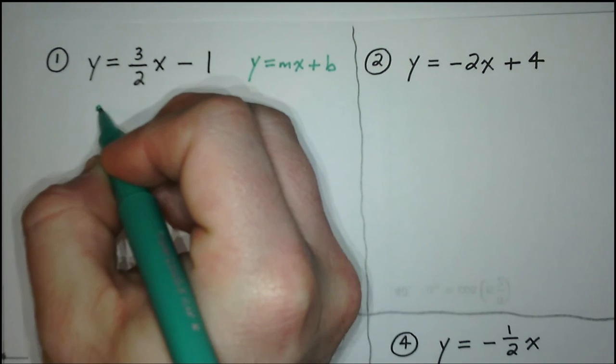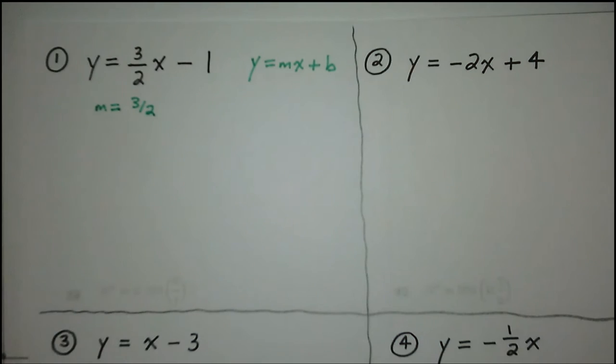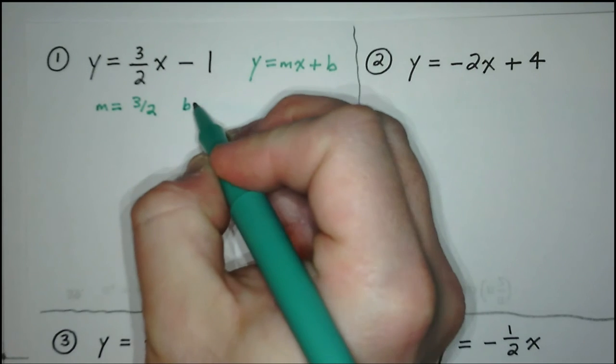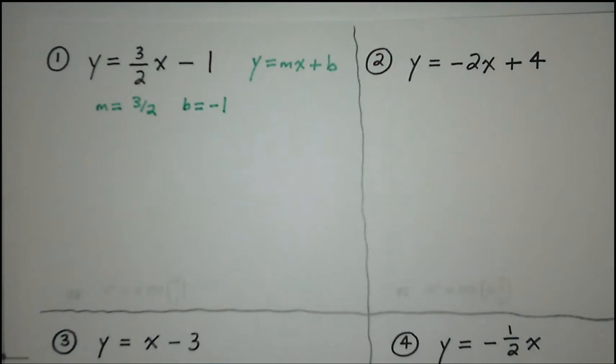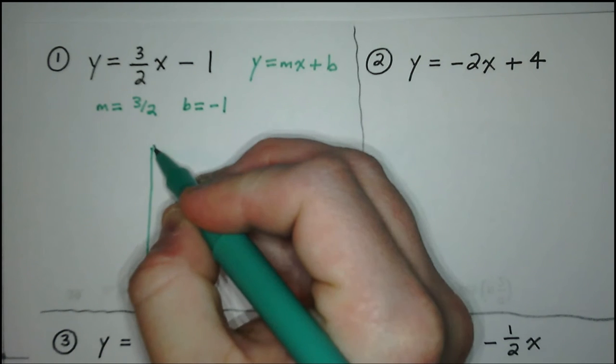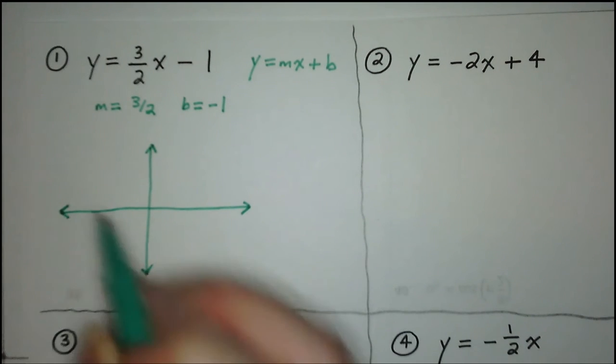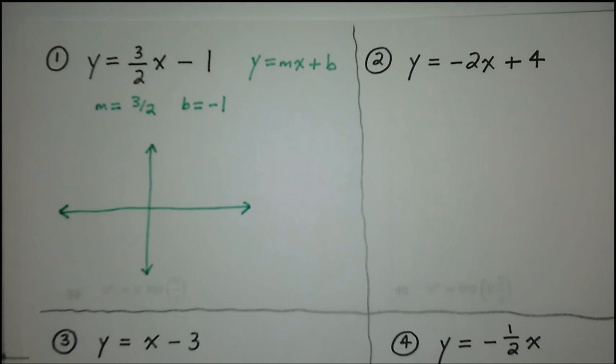So here, our m value is going to be 3/2. That's our slope. And our b value is going to be -1, which again is our y-intercept. And knowing those two things, we can absolutely sketch a little graph of our line.